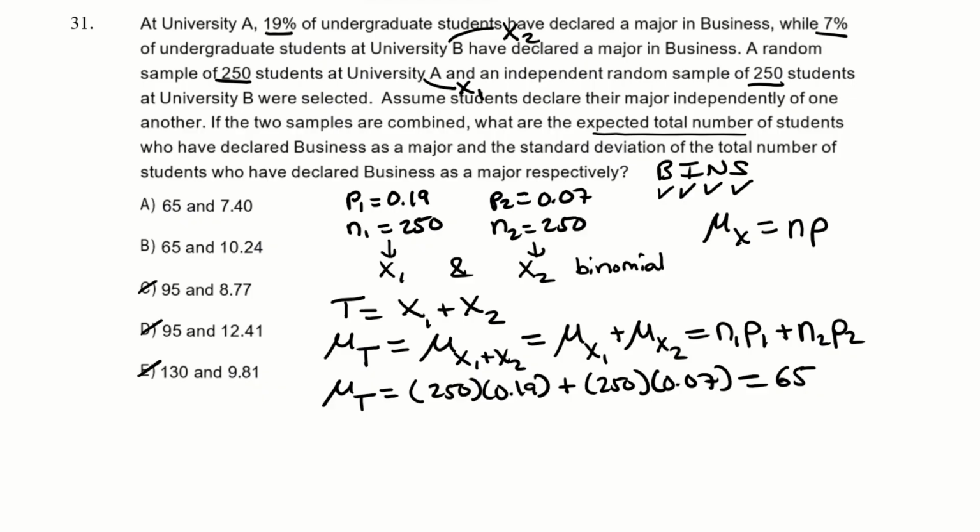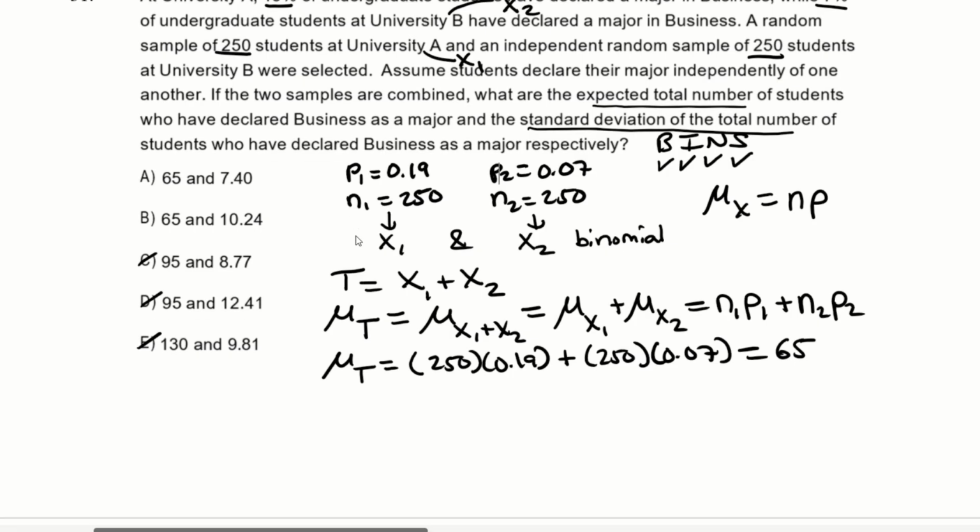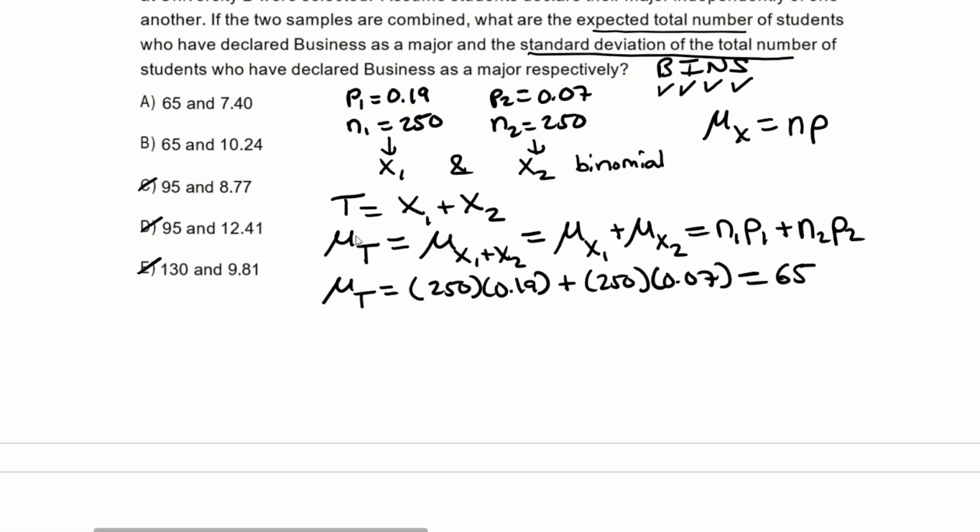Now we want the standard deviation of the total number as well, so we're going to need to calculate that. What's the standard deviation formula for a binomial? The standard deviation is the square root of np times 1 minus p.